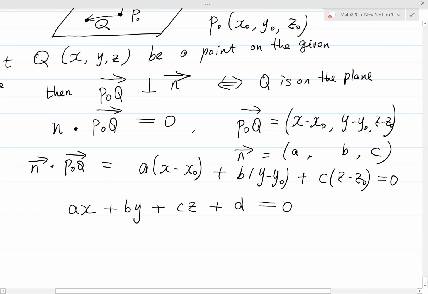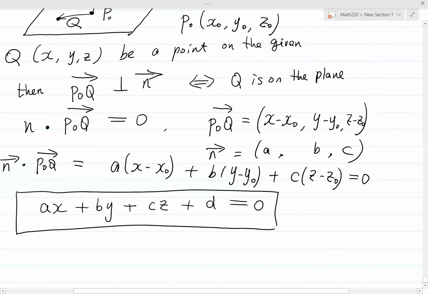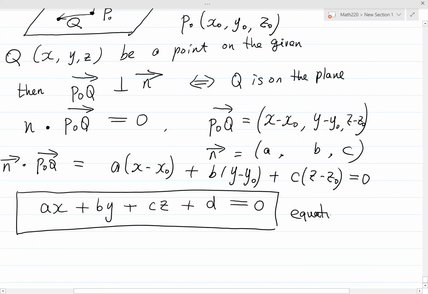So this is actually a plane that has normal vector in the direction ABC. So this is the equation of a plane.